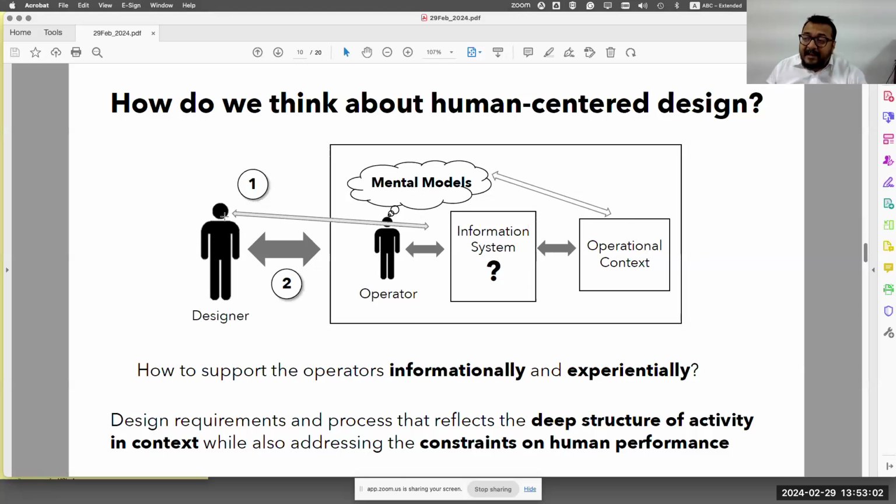Now the designer has two ways to think about the problem. One is from the experiential viewpoint, typically prominent in fields of user experience, human-centered design, interaction design, right? Where you look at the entire operational context from the viewpoint of the operator, the end user or the human.